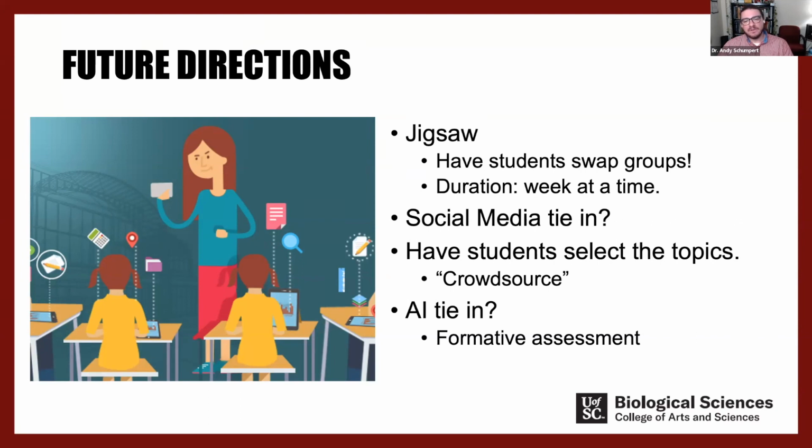I know with the infographics, Dr. Hogan's used Instagram in other courses before, and maybe it's time to spread the good word of biology there. And potentially we could have students select the topics for the course, right? Let them select what's most interesting and engaging for them, and proceed. And then who knows, maybe there are some potential AI tie-ins with some formative assessments. I feel like everything's AI right now, but yeah.